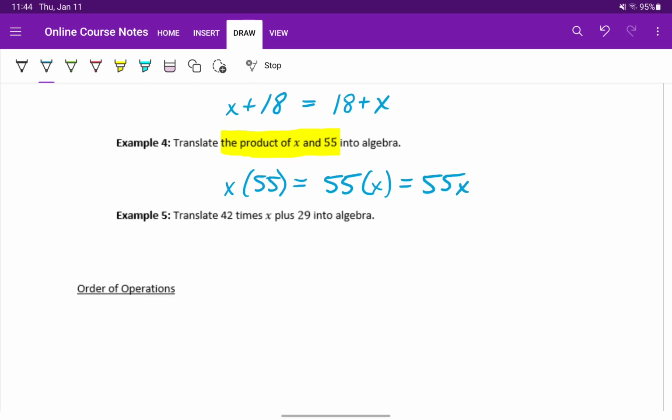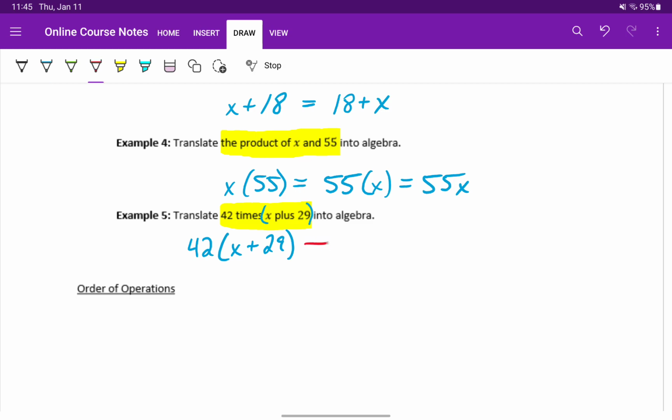In example 5, we want to translate 42 times x plus 29. In this case, we want to infer a little bit that what we're doing is taking 42 times this quantity x plus 29. So this would be 42, and then we would open up a set of parentheses, x plus 29.